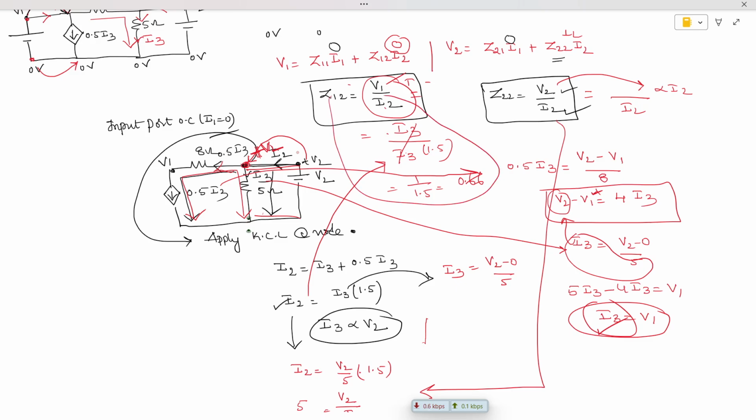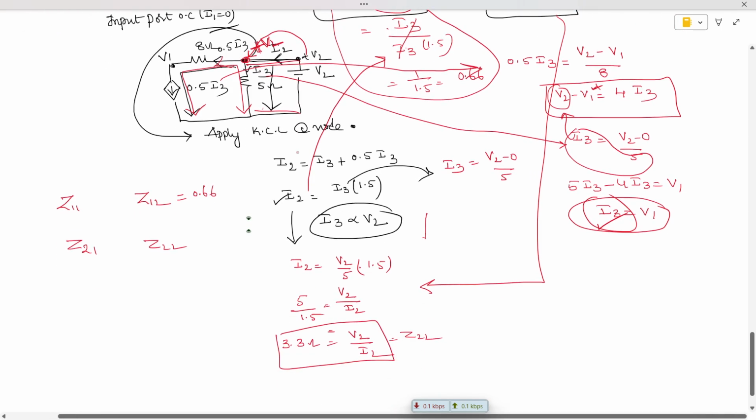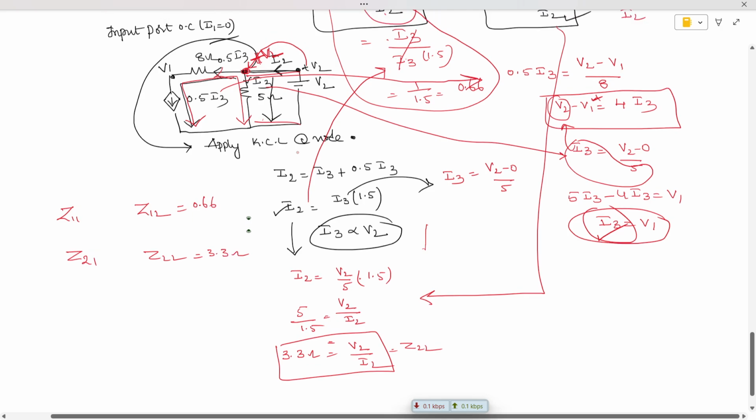If I write down all the things in a group, Z11, Z12, Z21, Z22. What is the value of Z12? It is 0.66. The value of Z22 is 3.3 ohms.